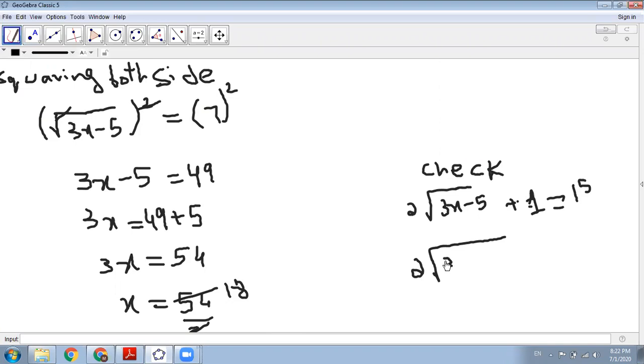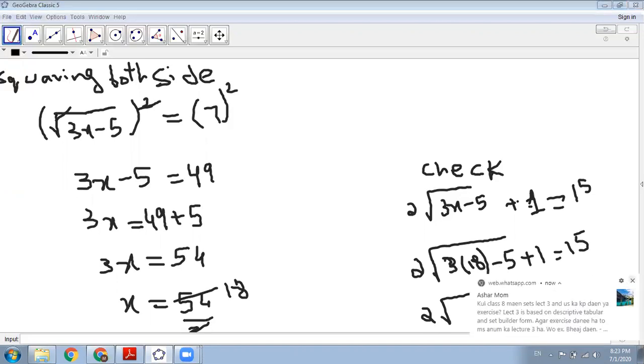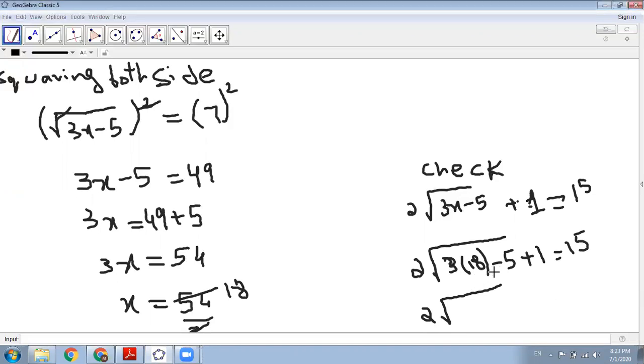2 square root of 3 times 18 minus 5 plus 1 equals 15. Now 3 into 18 is 54, and 54 minus 5 means 49.